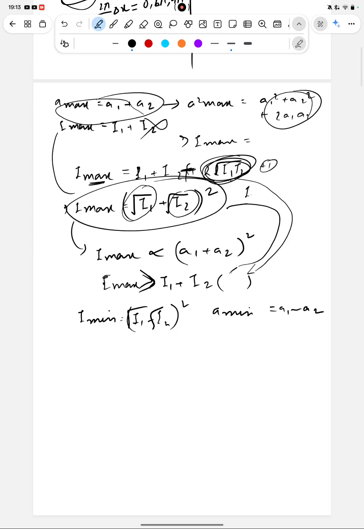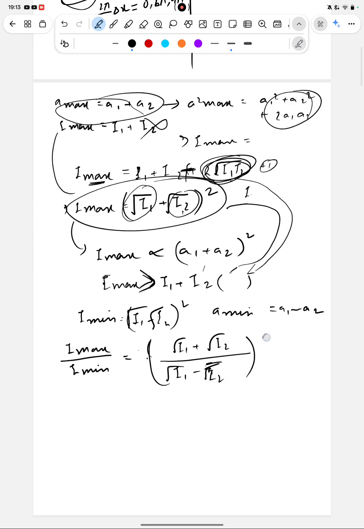And I think that's it, but let's just discuss a few more formulas. We can put these two equations together. So we get root I1 plus root I2 whole square over root I1 minus root I2 whole square. And let's use componendo dividendo.